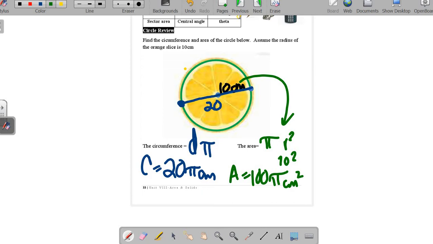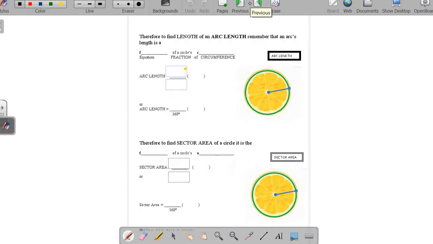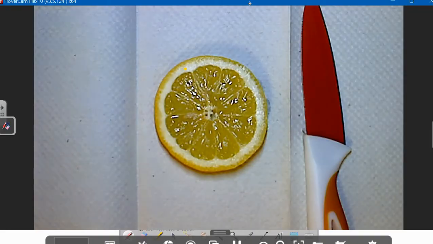So for all of today's lesson, if you can do circumference and area, it's very simple, because all we're doing is portions of the circumference and portions of the area. And what I mean is this.